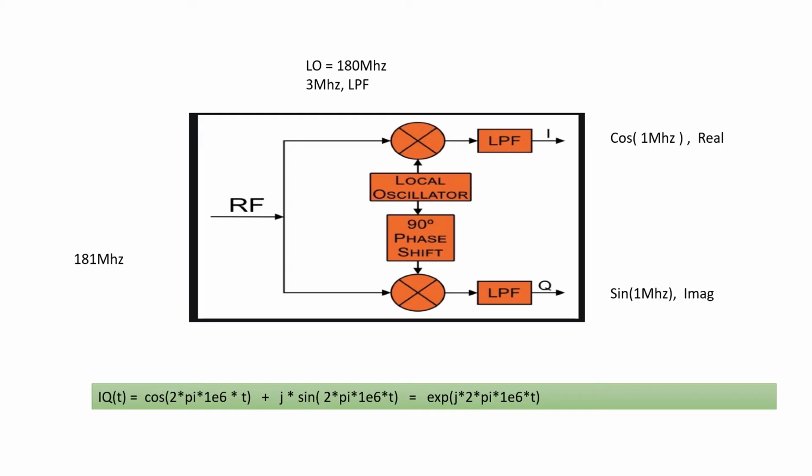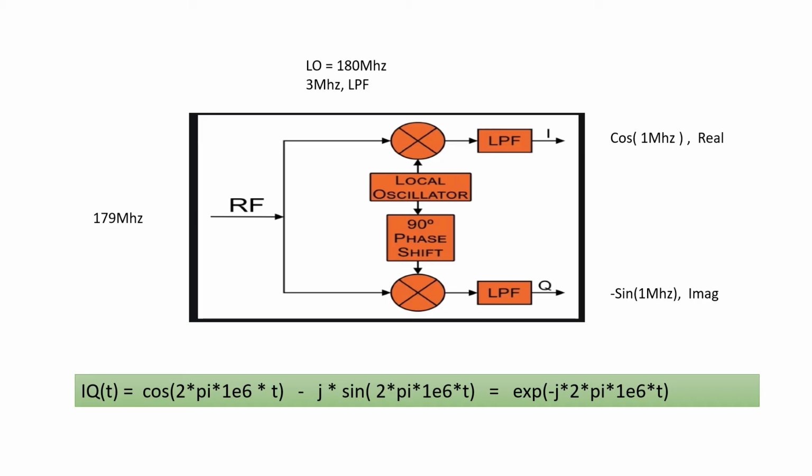And here's the math for this, right? So if 181 is the input frequency, the LO is 180. Again, the I is the cosine, the Q is the sine. This is how you express it mathematically down here, and typically it's expressed in this compact form. So this is a positive e to the j 2 pi 1 megahertz times time.